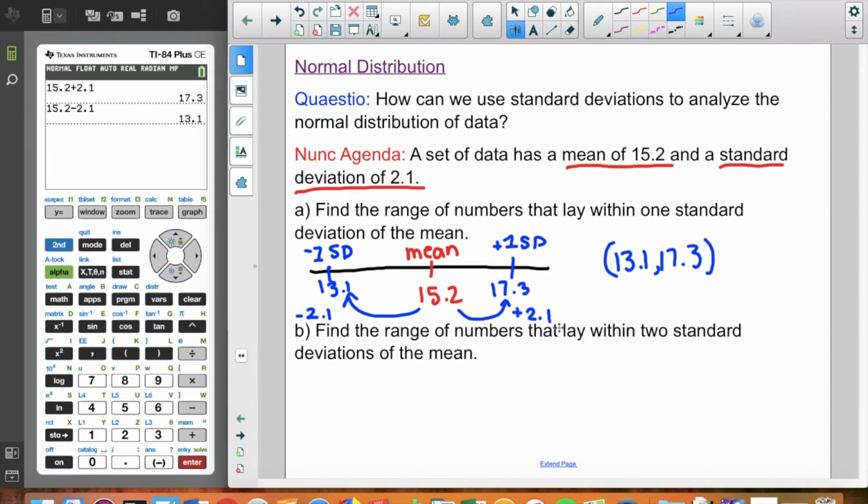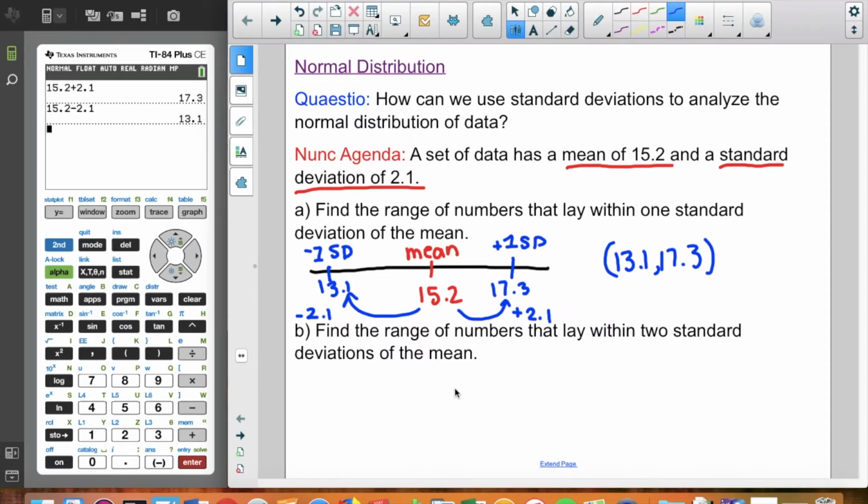Now we're going to find a range of numbers that lie within two standard deviations. If you want to continue using the line, you would just go one further and again add 2.1 to get the next value, and here you would subtract 2.1. If you prefer that method, that's totally fine.